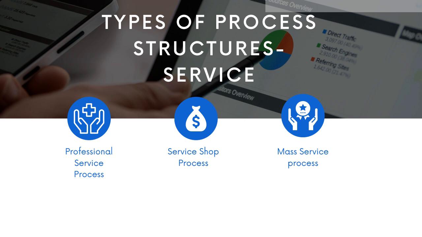Mass service is basically a process where you have a large number of client dealings. There's very little scope for having a customized service. The front office staff have very little leeway in which they deal with customers, and they have clearly defined roles and responsibilities within the process that they need to follow, and they're not allowed to deviate from their standard processes.